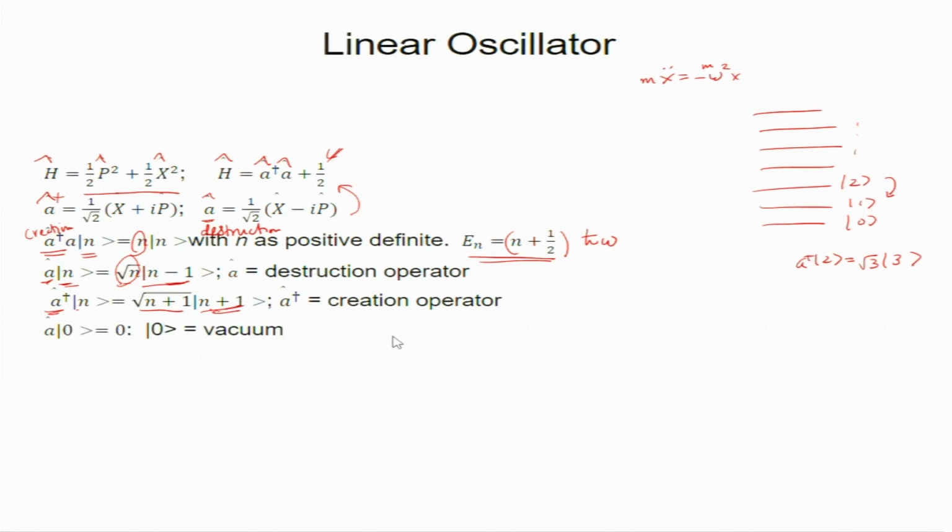The vacuum state or the ground state, for now we should think of the ground state for a single particle. a acting on 0 gives you 0, it cannot go below the ground state. Vacuum is for the future, this is the ground state. Ground state does not have 0 energy.